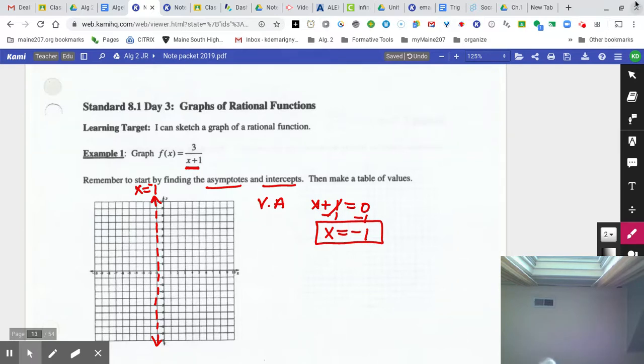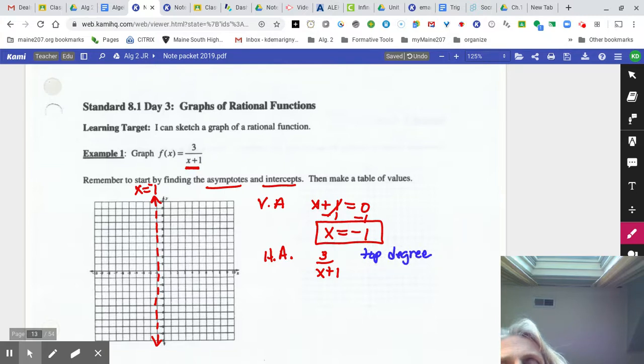All right, so there's our vertical asymptote. The next one that I want is called the horizontal asymptote. And remember, that's when I analyze top degree versus bottom degree. So when I look back and I see that I have a 3 on top, and then I have an x plus 1 in the denominator, my top degree, since it's a constant and it has no variables, is 0.